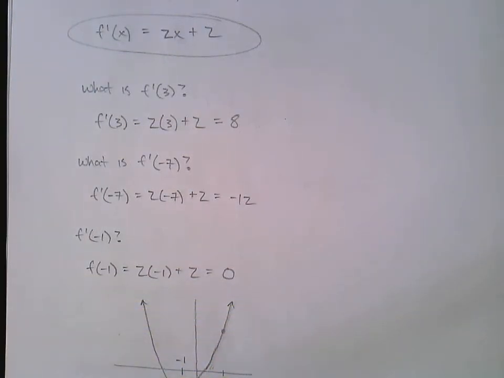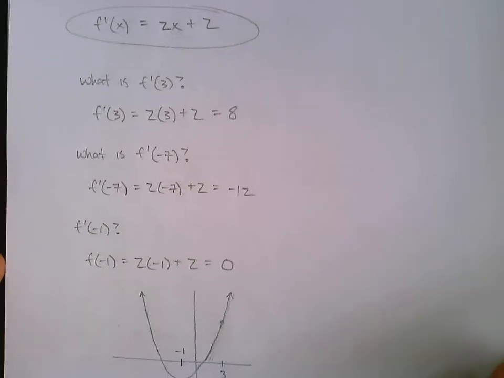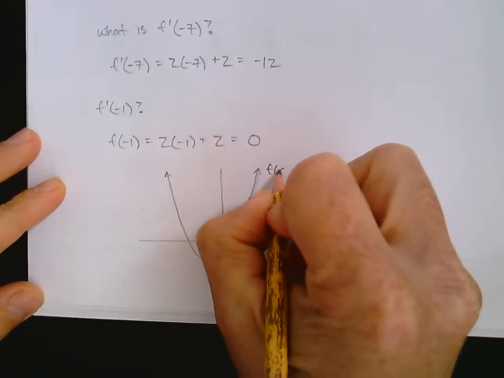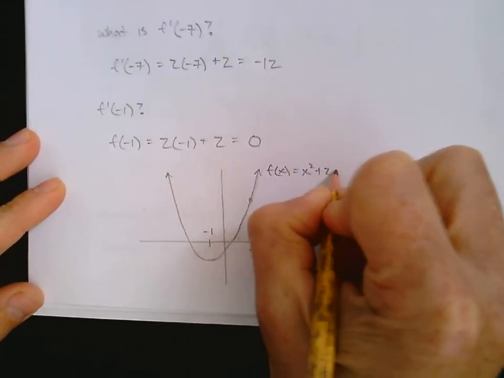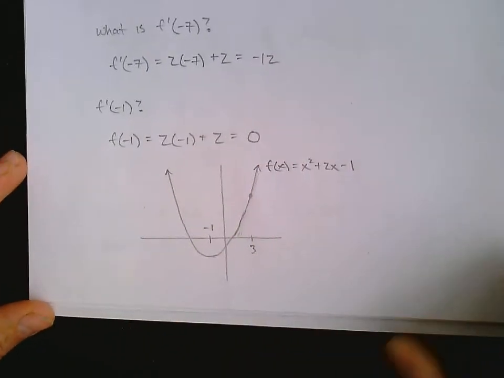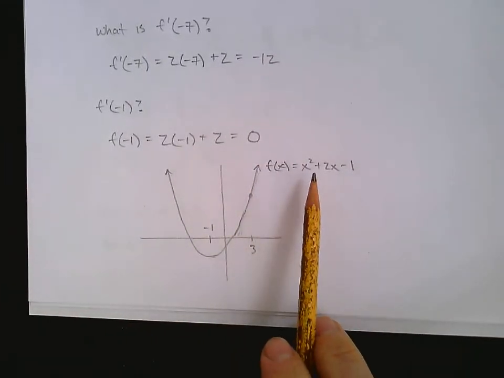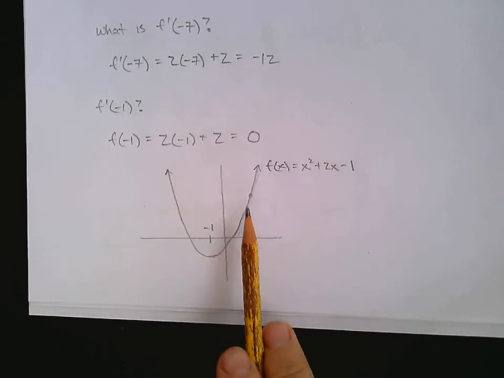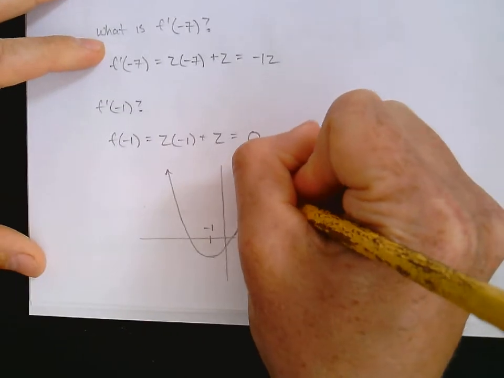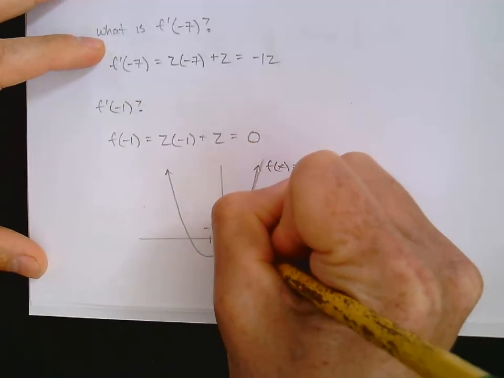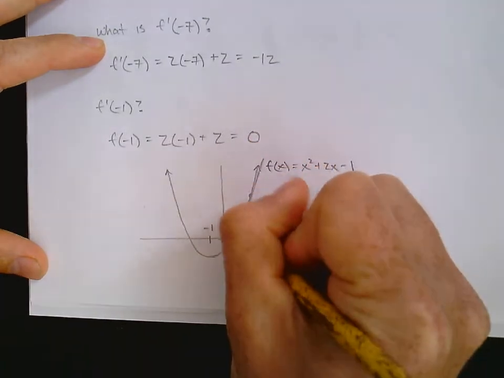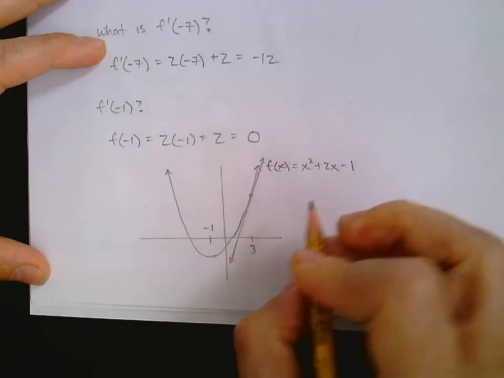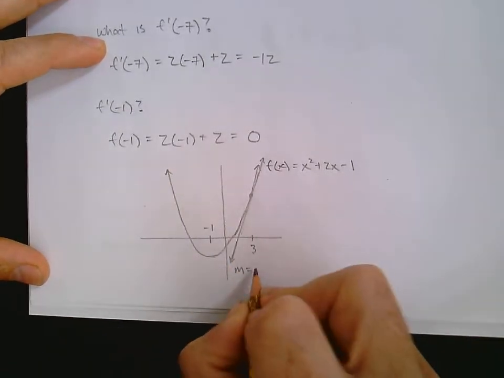Well, I decided to give just a rough sketch here of the original function. This is f of x, x squared plus 2x minus 1, right? If you graph the original function, we should see the values of these derivatives. So at 3, if we were to think of the tangent line there, kind of difficult to draw by hand, but we know that it has a slope of 8.